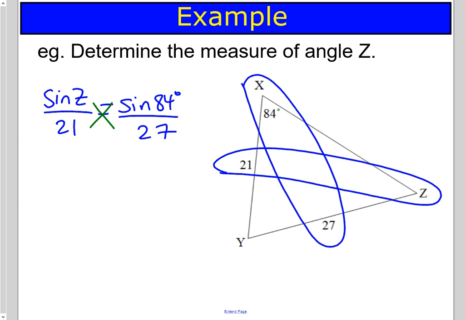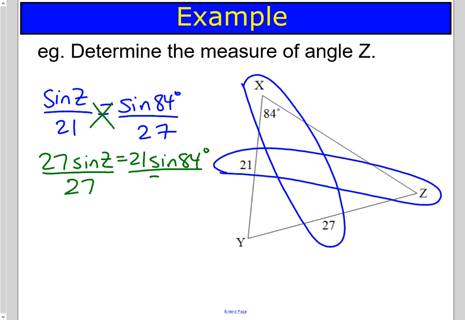From here, I'm going to cross multiply, and I get 27 sine Z equals 21 sine 84. Divide both sides by 27. Leaves me with sine Z equals 21 sine 84 over 27.